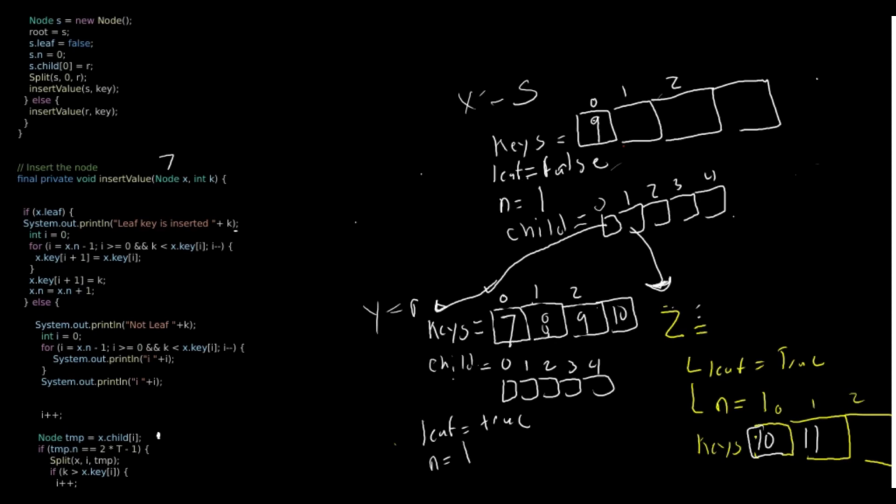And then we just do the shifting thing. All right, all the keys shift down. So here 8, 9, 10, and 7, and this one here.